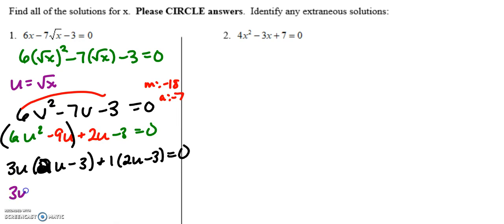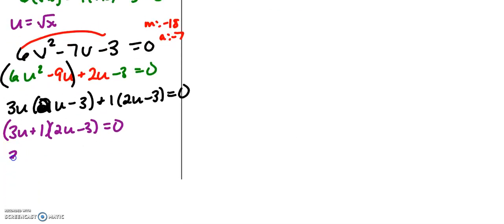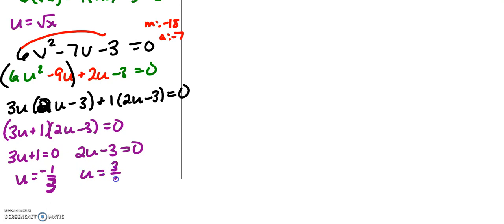So I get a 3u plus 1 and a 2u minus 3 is equal to 0, which means that 3u plus 1 equals 0, 2u minus 3 is equal to 0, u is equal to negative a third, I said it, I didn't write it, and u is equal to positive 3/2.